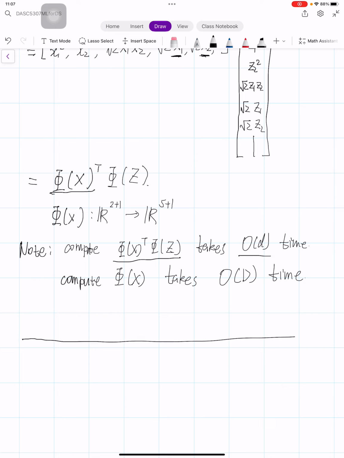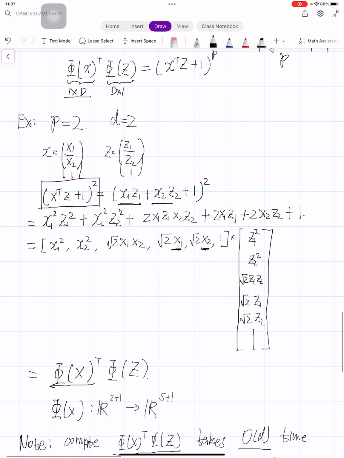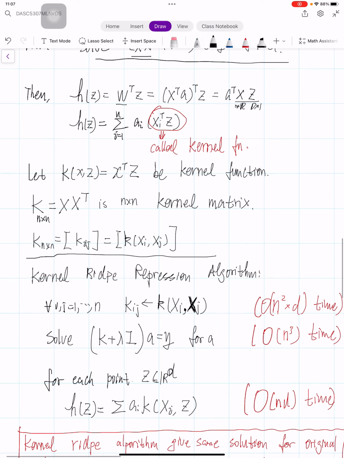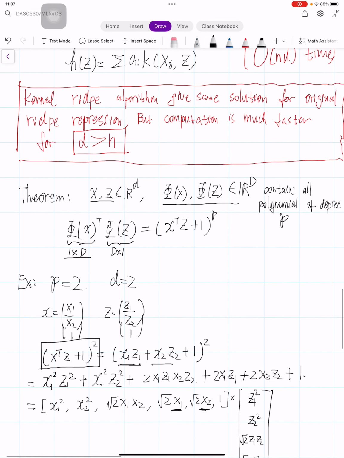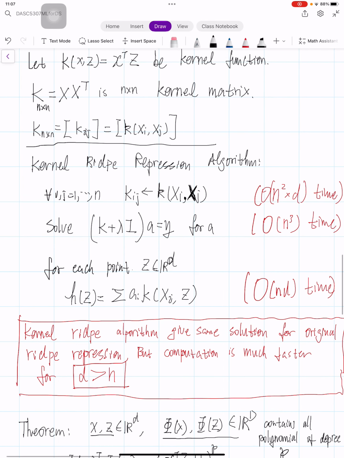Now let's summarize a little bit. Where can we apply the kernel trick? To do ridge regression, you can use these long vectors in the new feature space, but it takes a lot of time to calculate.